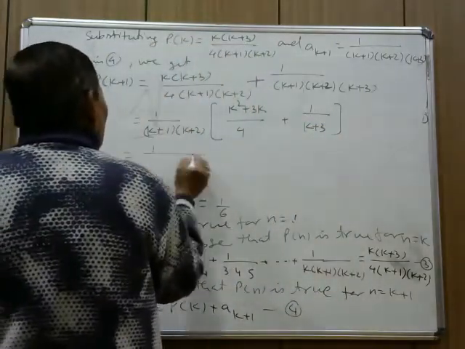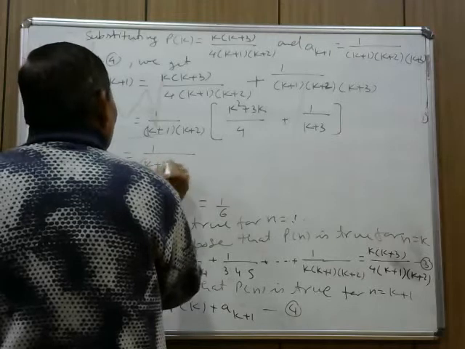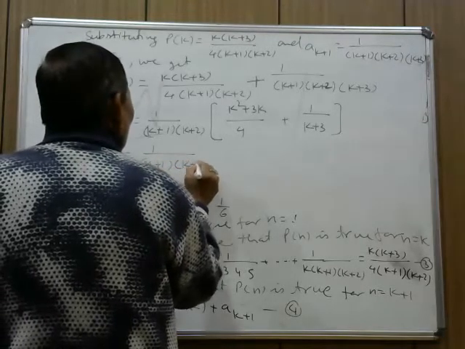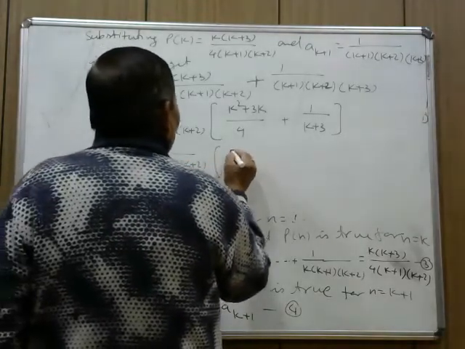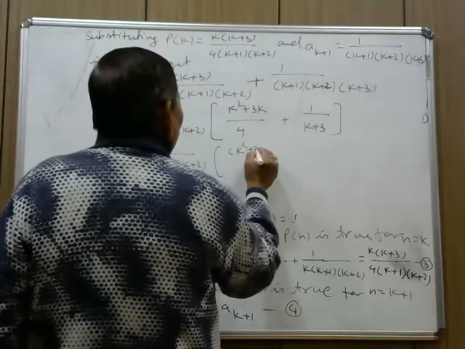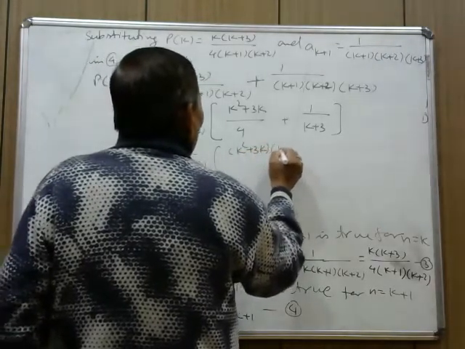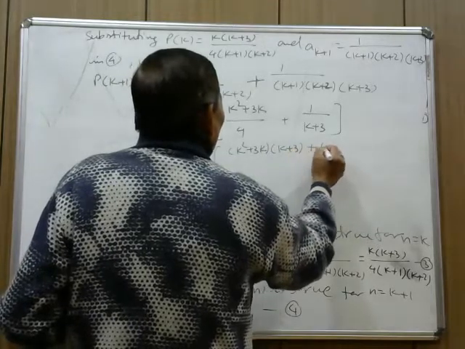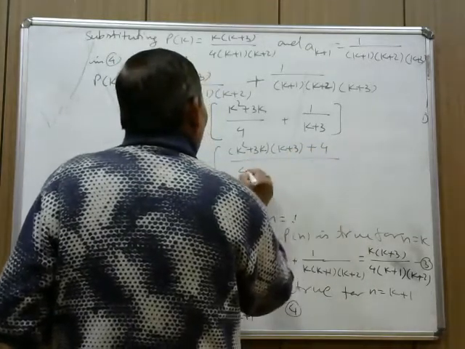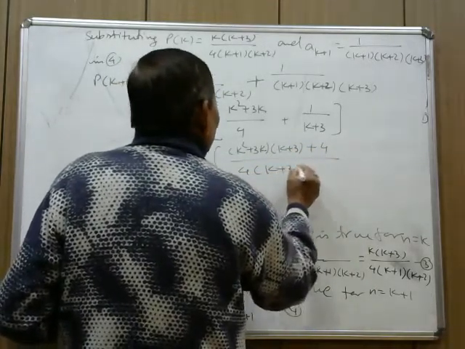So it is 1 upon k plus 1, k plus 2, here k square plus 3k into k plus 3 plus 4 upon 4 into k plus 3.